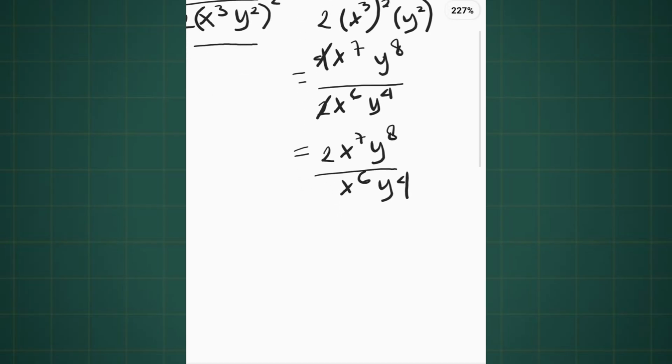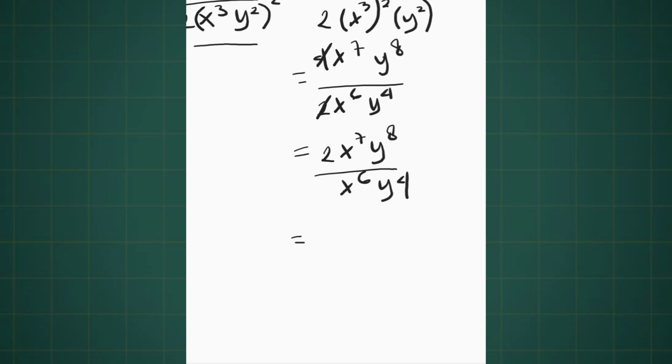And then step 3, we use the property of subtracting exponent.